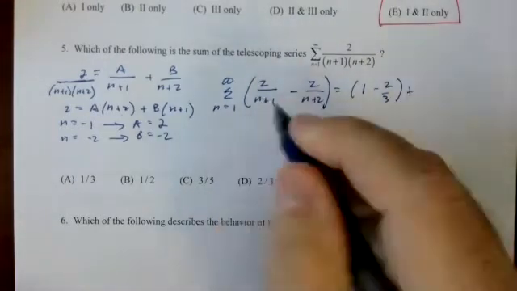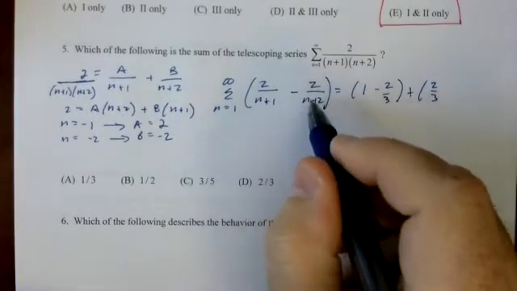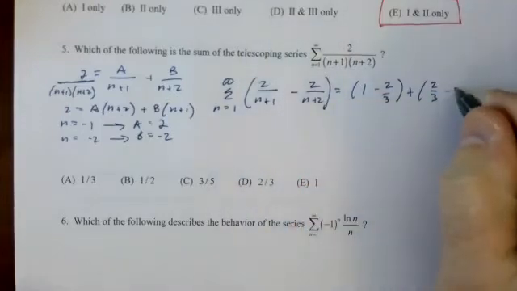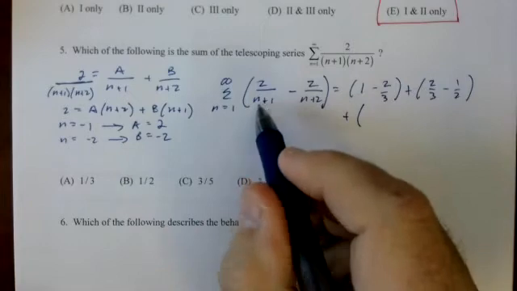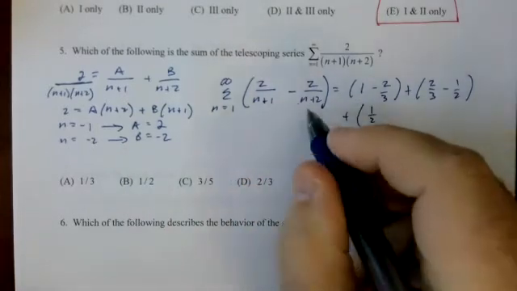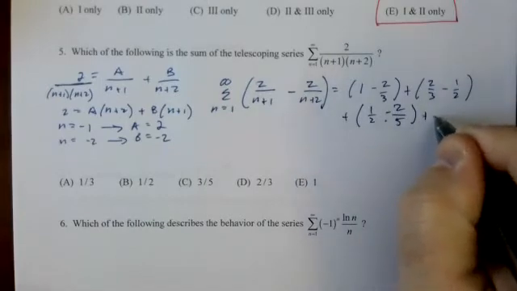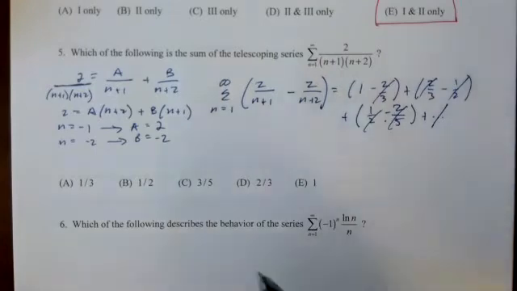Plug in 2, 2/3 minus 1/2. Plus, plug in 3, 1/2 minus 2/5, dot, dot, dot. Cancel, cancel, cancel, and we're left with 1.